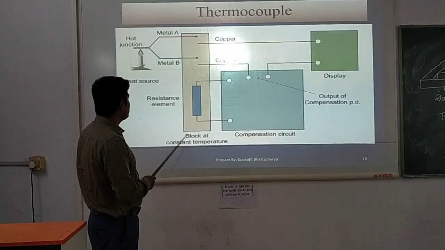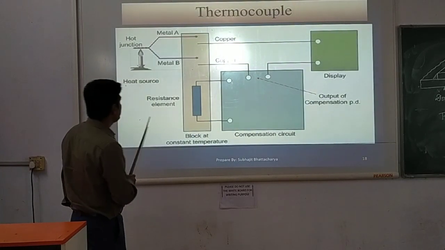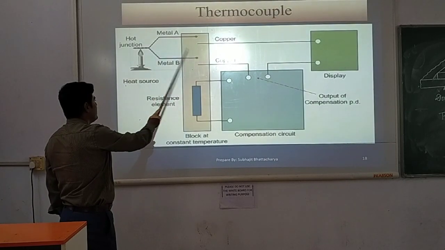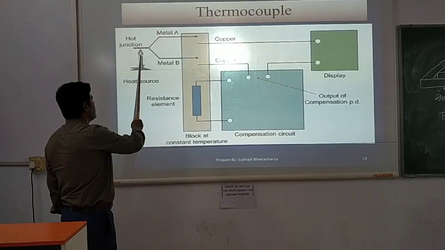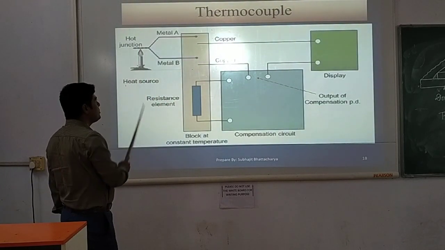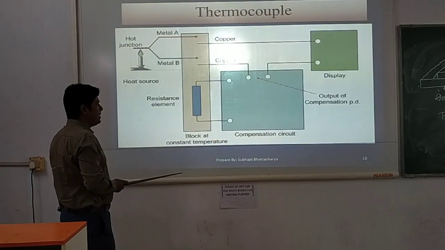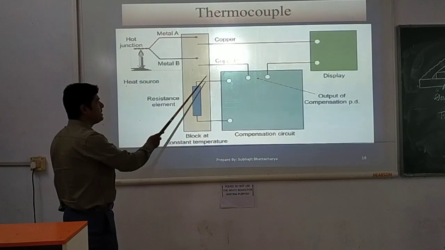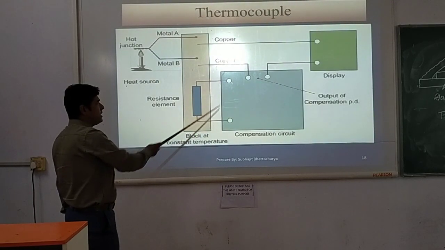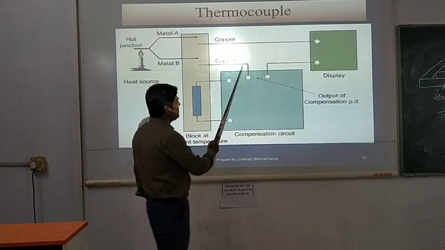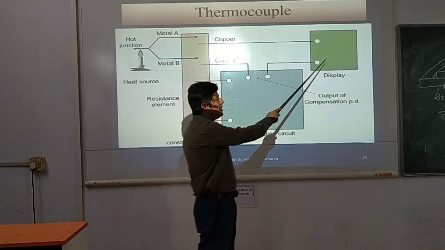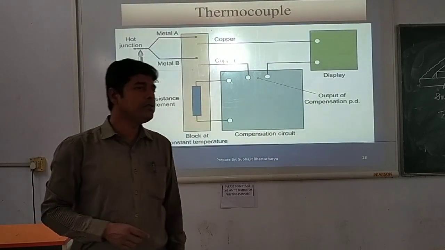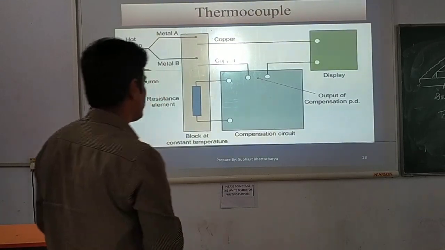this is the construction. You can see metal A and metal B, these junctions are kept at a particular temperature, and the hot junction is at the heat source, and a compensation circuit is needed for temperature compensation, and there will be some signal conditioning devices and circuitry where we can display the temperature, or that can be used in some processor.